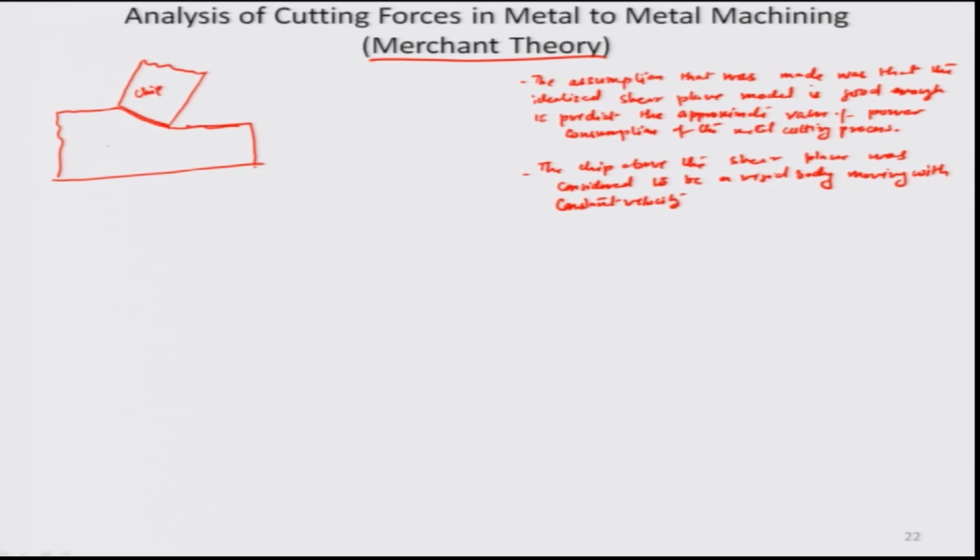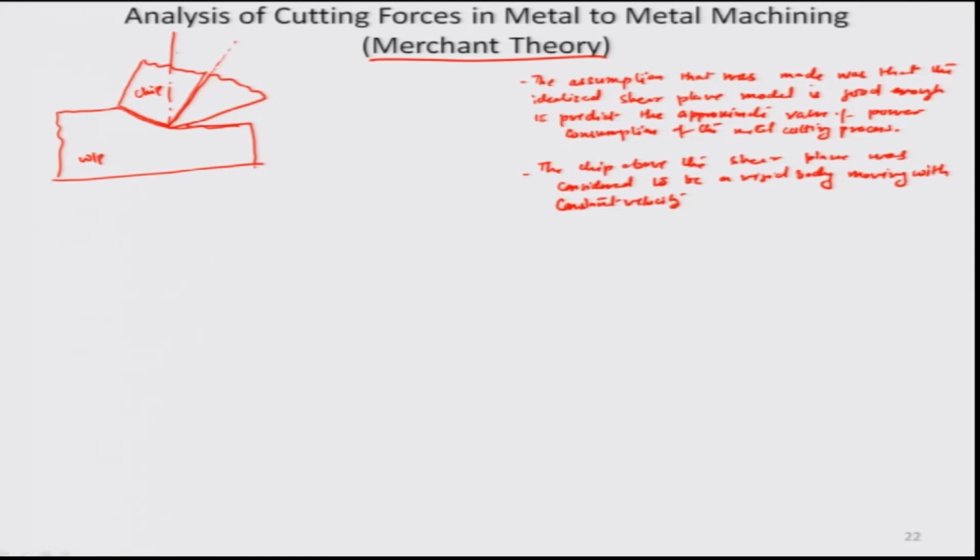This is the chip, the workpiece, and the tool makes an angle alpha with respect to the vertical axis here, which is also known as the rake angle. So I am just going to separately show the tool face, although they are meeting with respect to the chip, but we are showing it separately for the sake of convenience of the force analysis that would be projected.